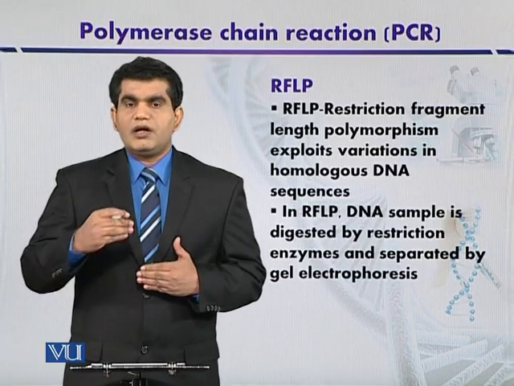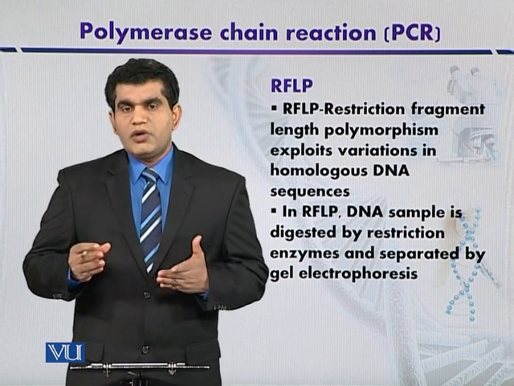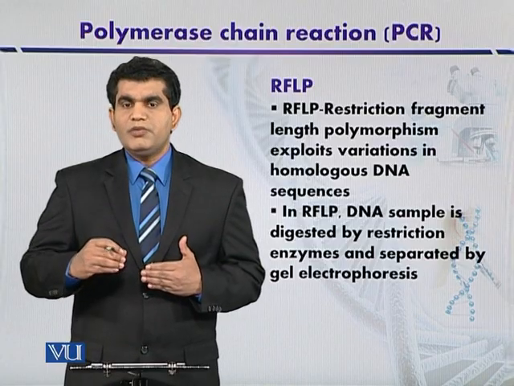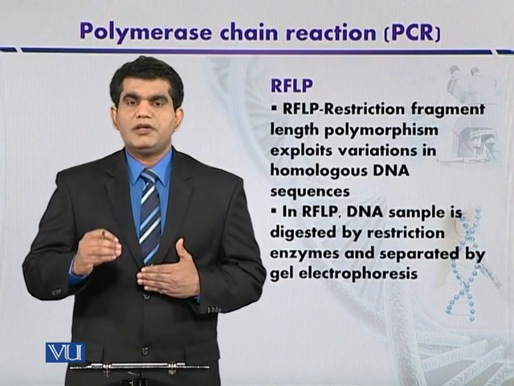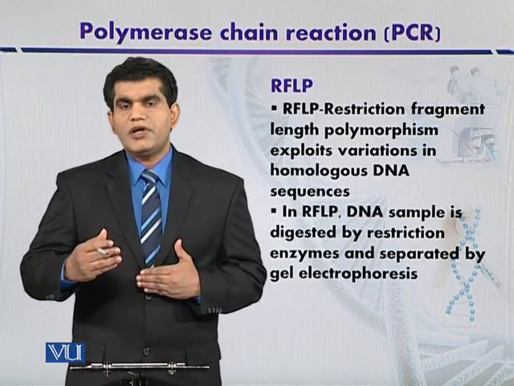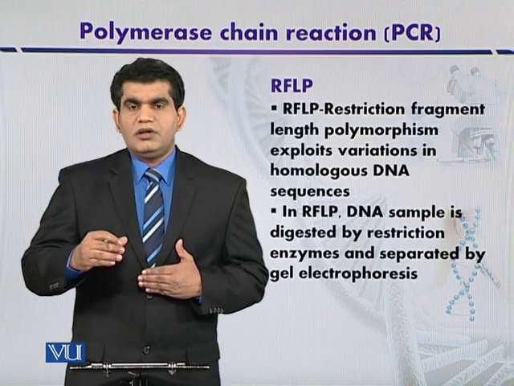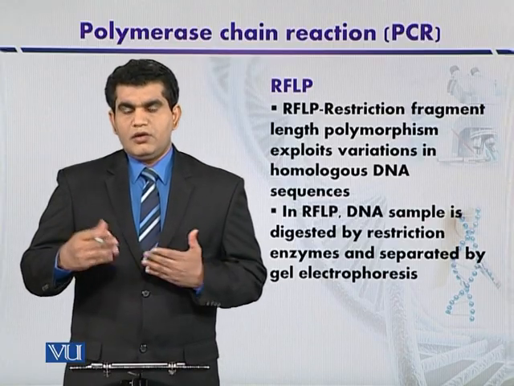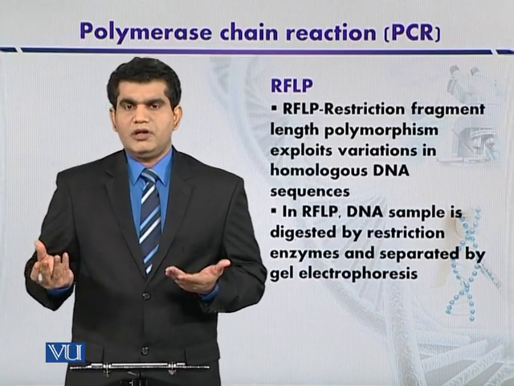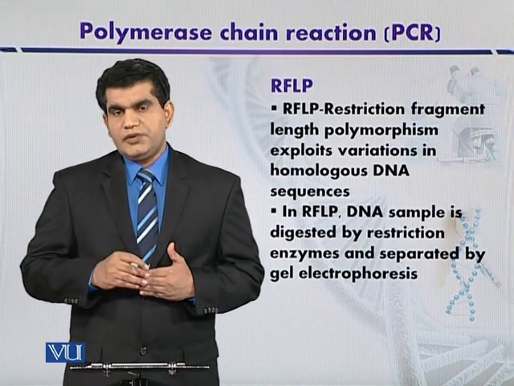For example, if we compare the human genome, more or less as far as sequence is concerned, the human genome is 99.9% similar, and overall the different sequence reported is up to 0.1% in our knowledge. In some literature it is up to 0.5, but mainly it is around 0.1% variation in DNA sequence.